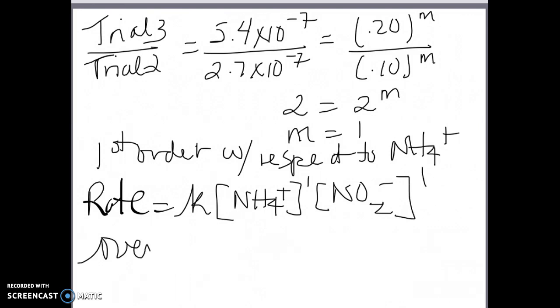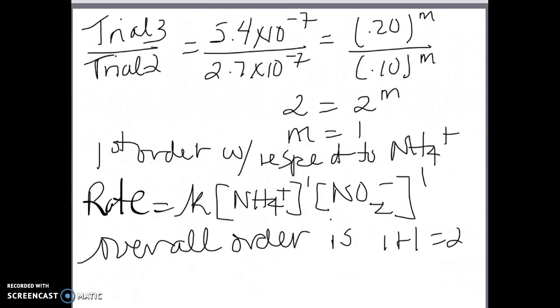We would say the overall order is 2, where we take the orders that you had solved for, right here, 1 plus 1 equals 2. So the overall order is 2, okay?